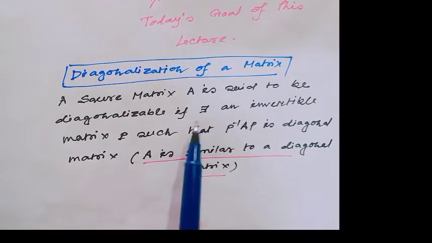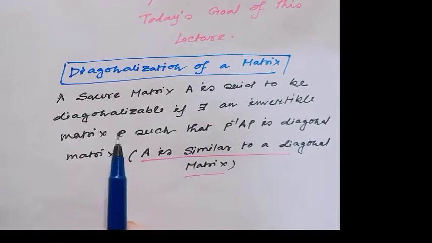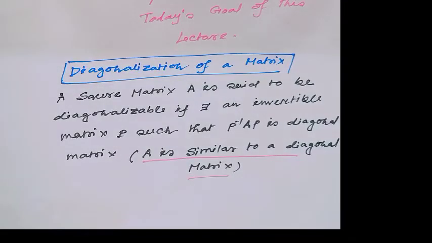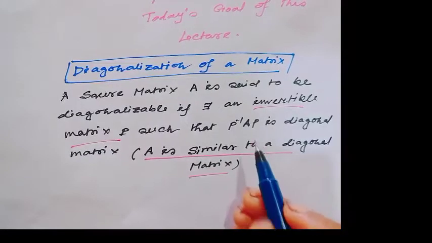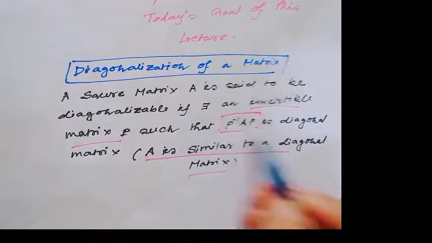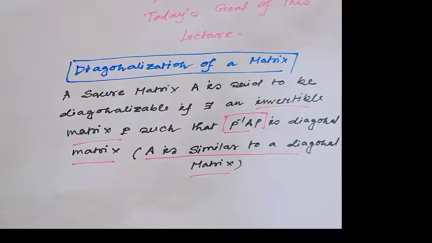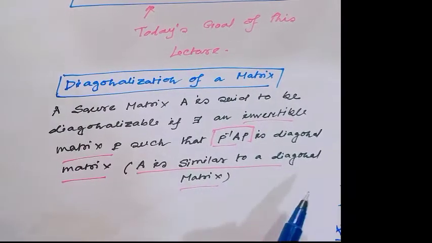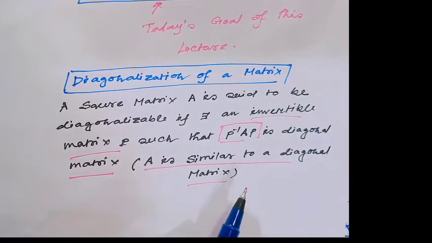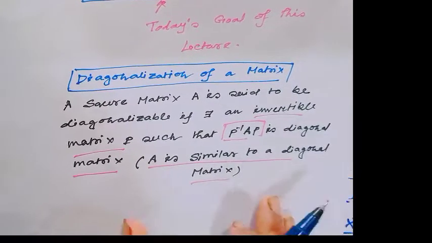A square matrix A is said to be diagonalizable if there exists an invertible matrix P such that P inverse AP is a diagonal matrix. That means A is similar to a diagonal matrix. This is the concept of diagonalization of a matrix.